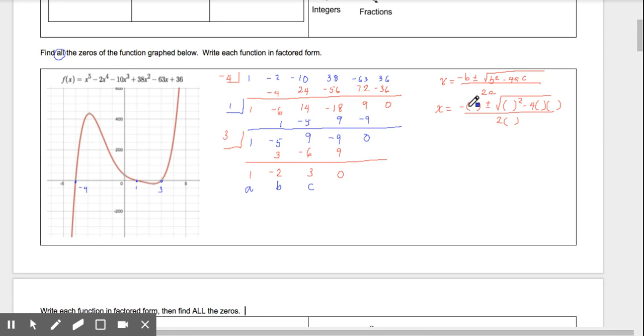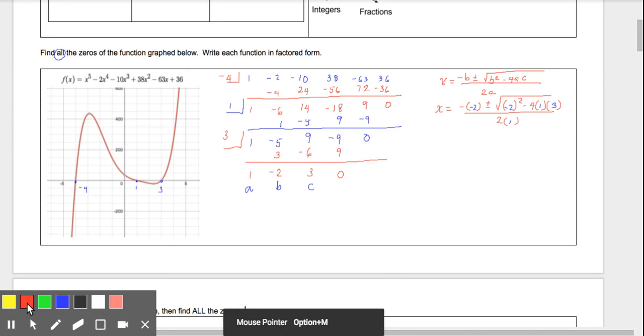B is negative 2. So here is b again, that's negative 2. Then here it's a, which is 1. And c is 3. And a is 1.